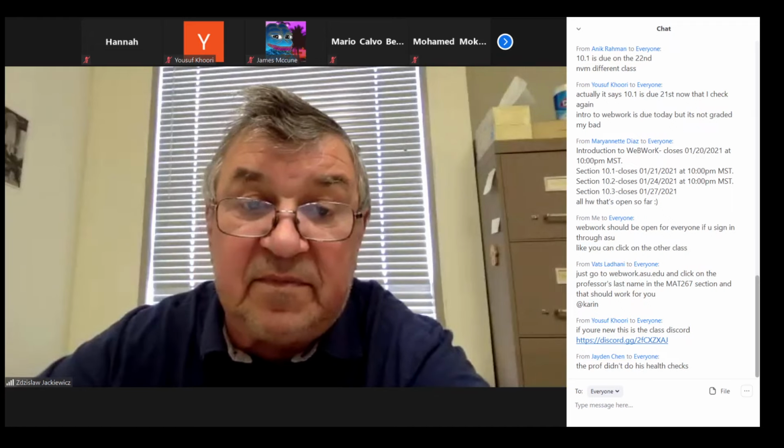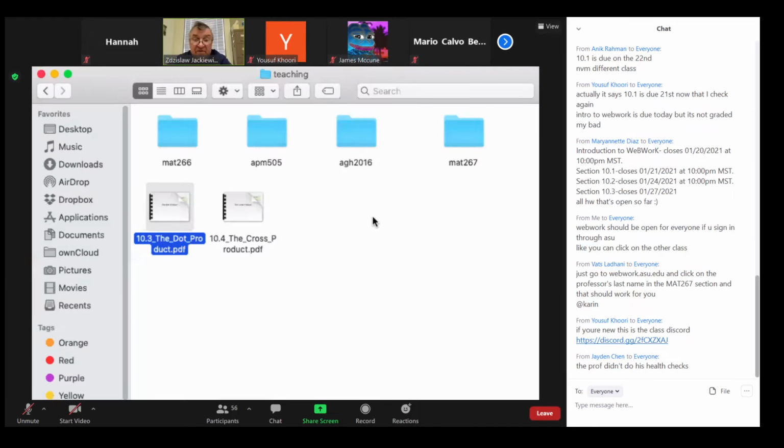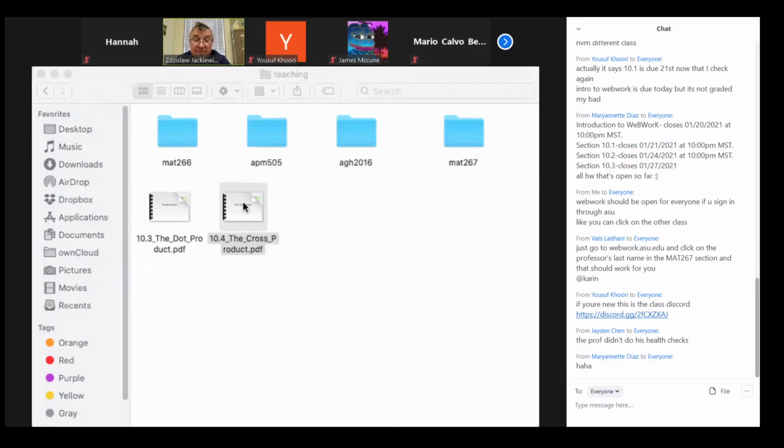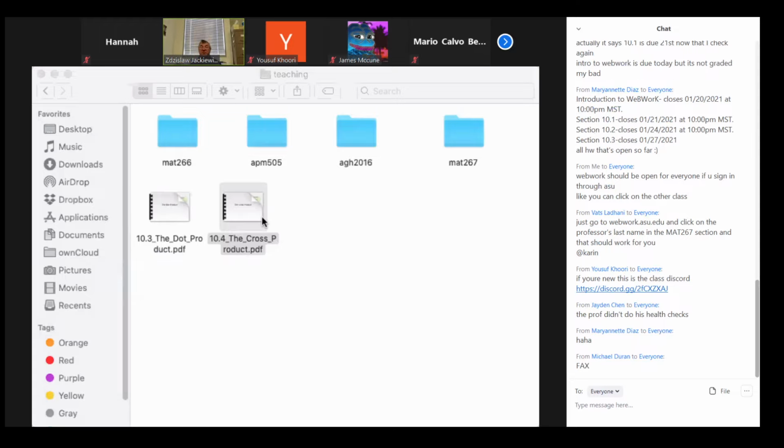So let me try to open new things. Let's see if this will work. Okay. Can you see it? No problem. No, you cannot see it. Yeah, that's a problem. So again, let me get rid of this.